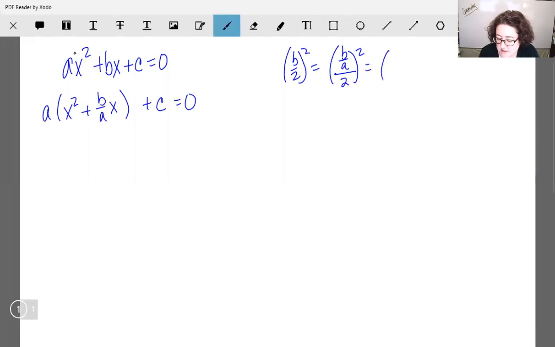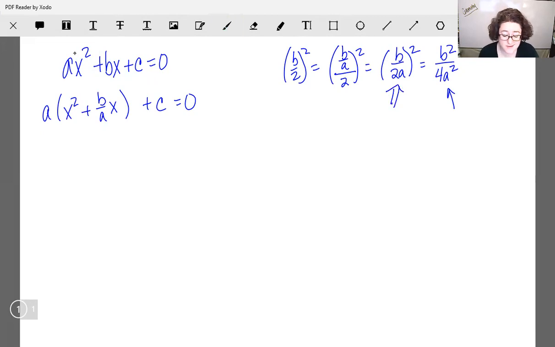So this really comes out to b over 2a all squared. If I square those, that's going to give me b squared and 4a squared. And just like completing the square, this is what I'm going to have to add and subtract, inside the parentheses and outside the parentheses.